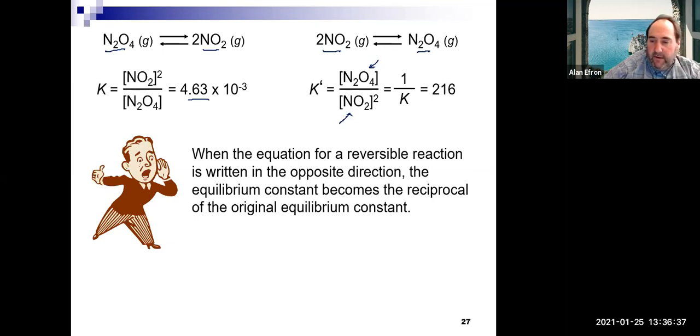So that's a very common way. If you need to reverse a reaction, the K value actually becomes 1 over the K value. Not like a lot of people think, like, hey, I'll just make it negative and positive. That's not how it works here with K values. It ends up being 1 over the original K value in that particular case.